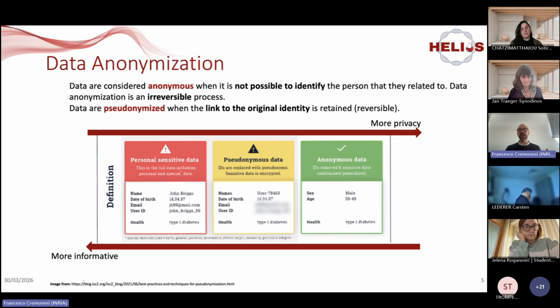And anonymous means that you have coaxed and coerced your data so much that at the end of the day, it is impossible to trace back individual samples to their original data subjects.